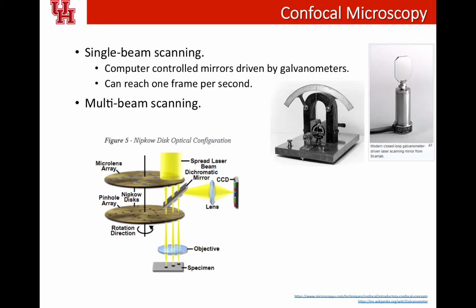When you pass a current through a wire, you generate a magnetic field, and this magnetic field can rotate your mirror. That's the basic principle. It has been widely used for confocal microscopes and multi-beam scanning.